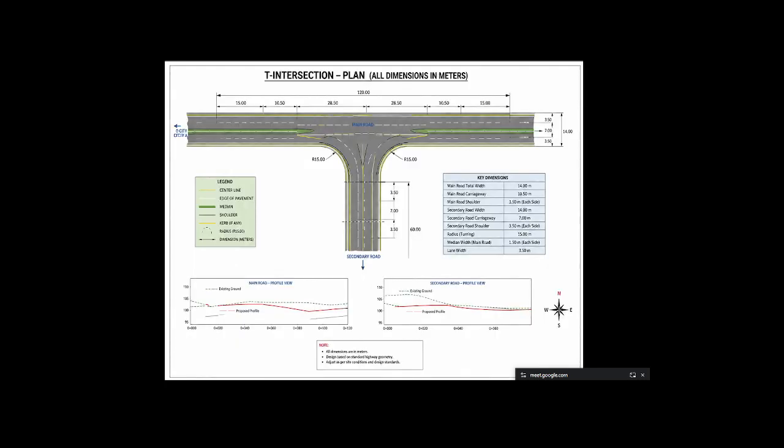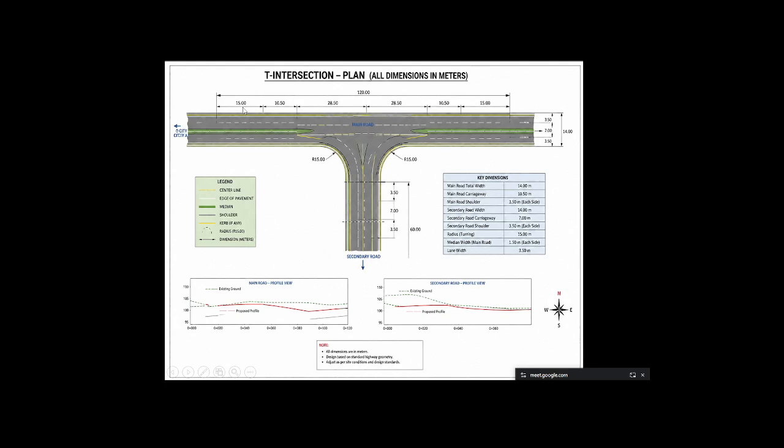So now you can see one image here. Before we start working in Civil 3D, let's first understand what we are actually going to build. This is a typical T intersection where a secondary road joins the main highway. At first glance, it may look like a simple road connection, but from a design perspective, it's much more complex.